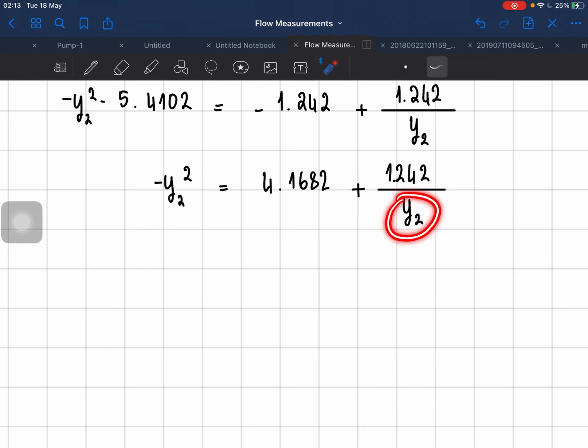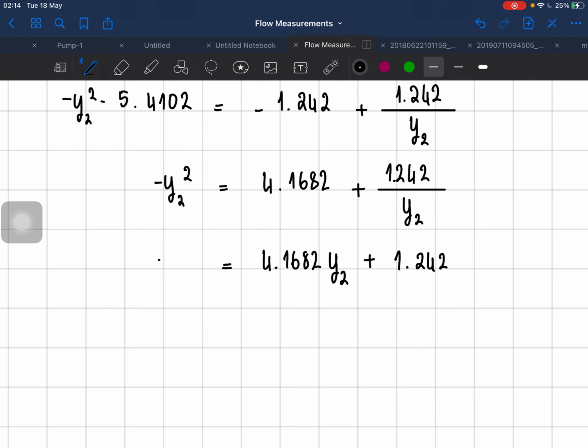My plan is to move this here, but we need to multiply by this in order to cancel this one out. Let's give it a try. I think the solver can do this much, but I'm not really sure, so let's give it a try. Okay, yeah.